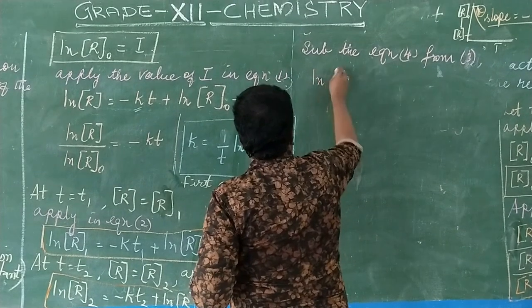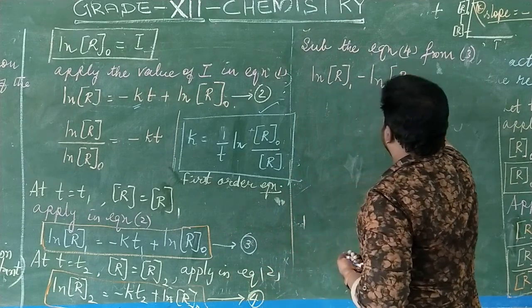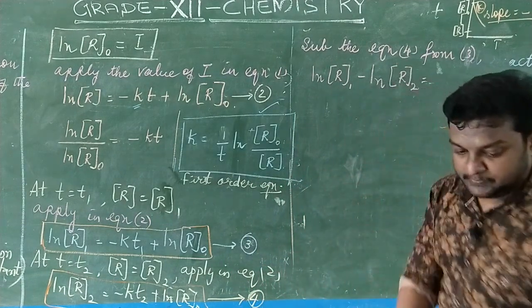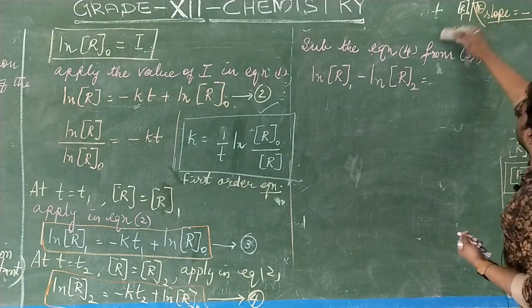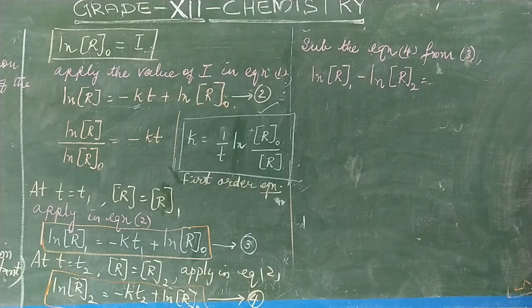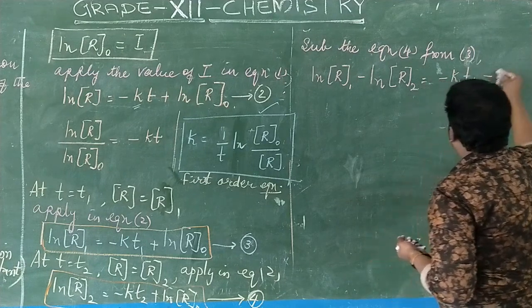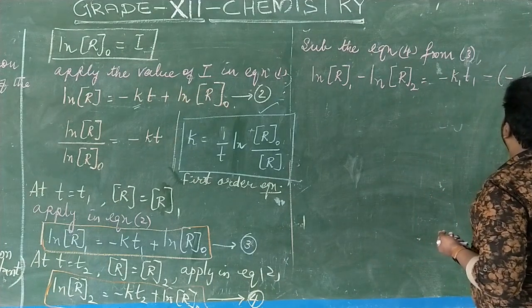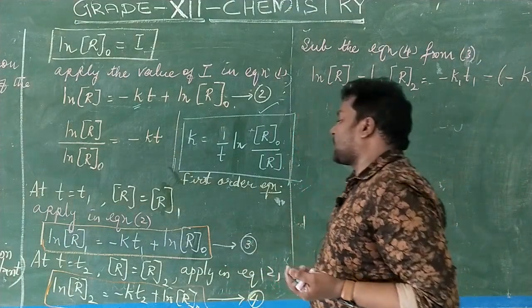Ln of concentration of R1 minus ln of concentration of R2 will be equal to minus K1 into T1 minus of minus K1 into T2. Now the ln R naught, in the ln R naught will be getting cancelled.